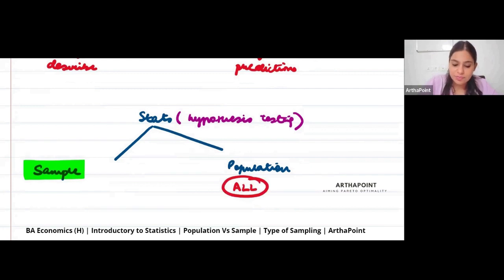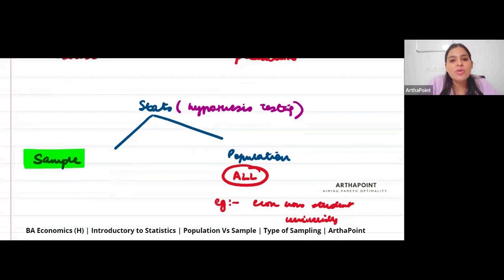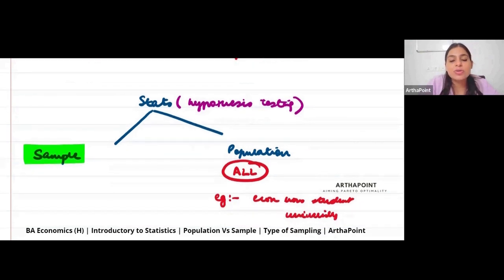Like, for example, my population can be every economic honors student of the university. That's my population. I want to check how many students are satisfied with the course that is provided under, let's say, the new educational program that DU has come up with.